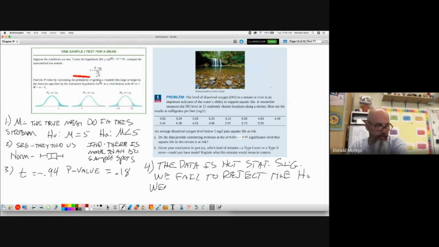We do not have enough evidence to conclude that there is less than 5%. Okay. So overall, what are we saying? We do not have enough evidence that the true mean level is less than 5% in the stream.